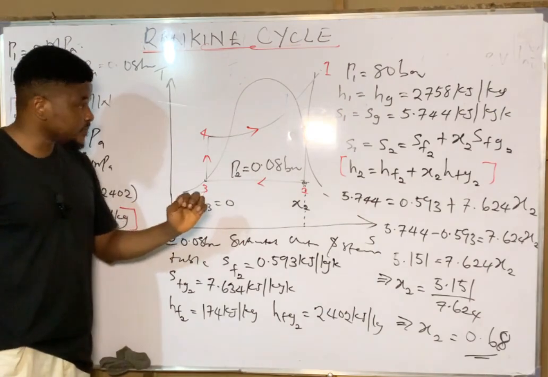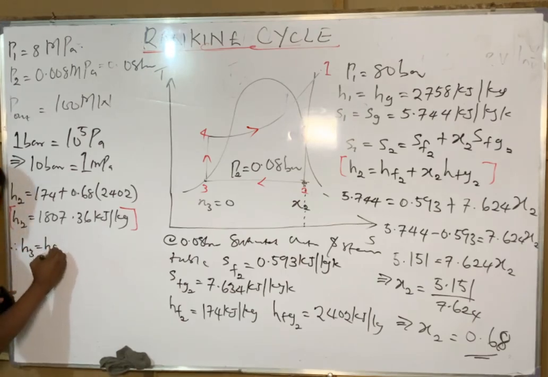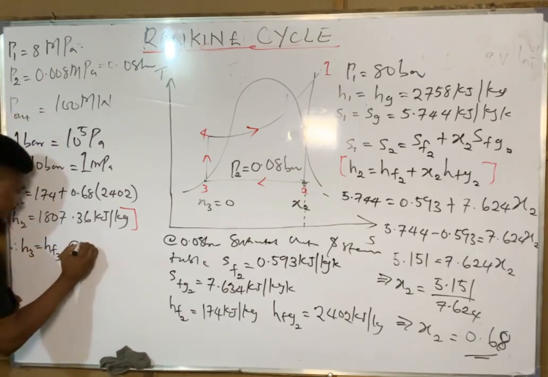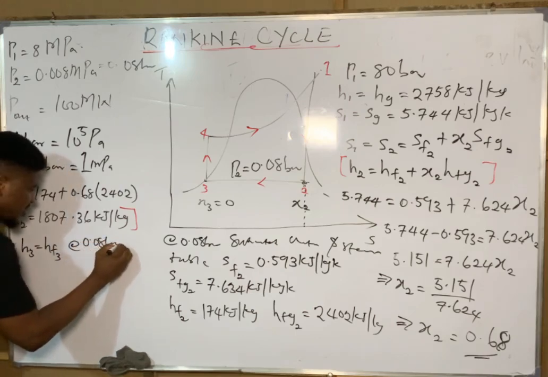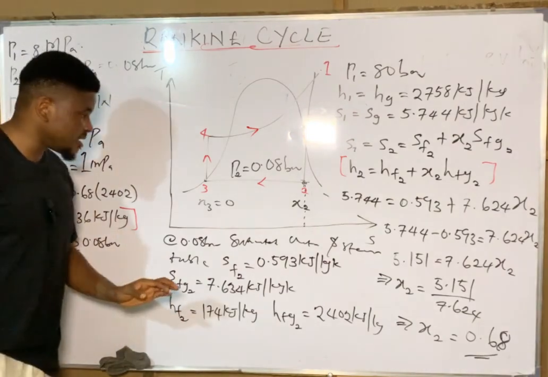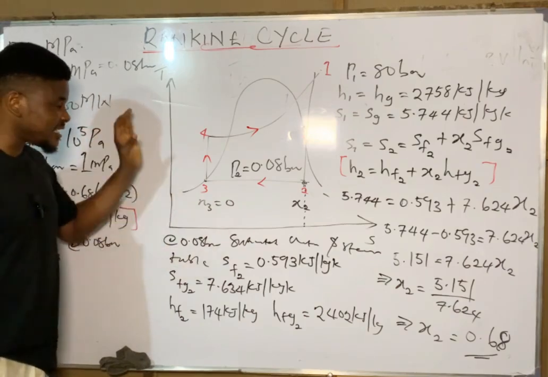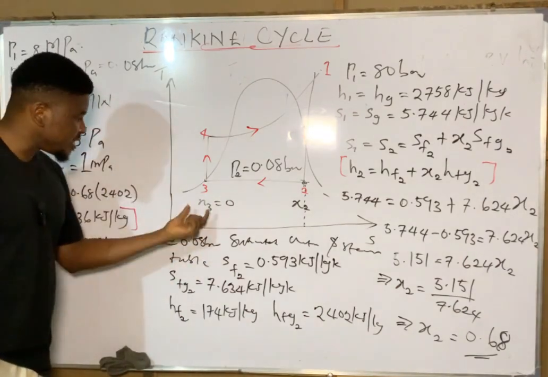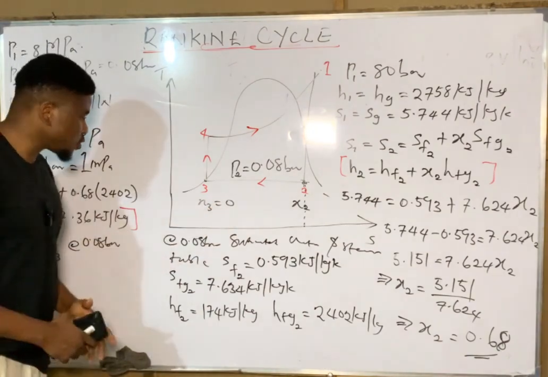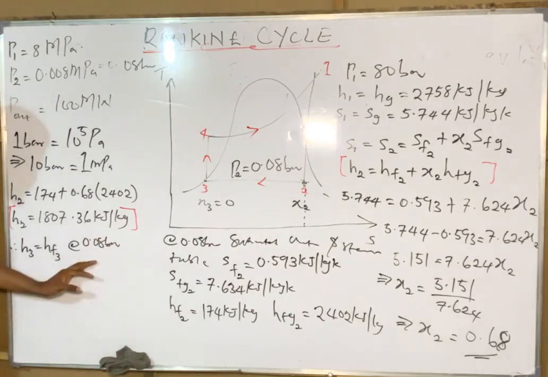from the steam table. Therefore H3 is going to be equal to HF at that state, corresponding to 0.08 bar from the saturated water and steam table. It's as simple as that because it is directly on the liquid line. So there is no dryness. Everything there is purely liquid. So X3 is 0. So we simply move to the saturated water and steam table corresponding to 0.08 bar.